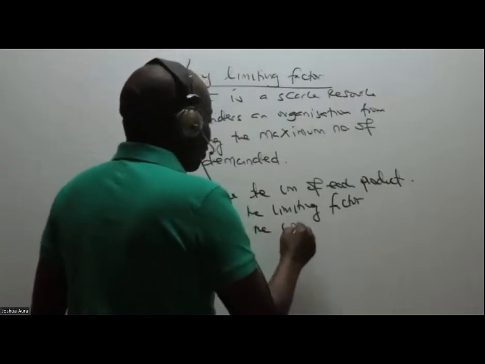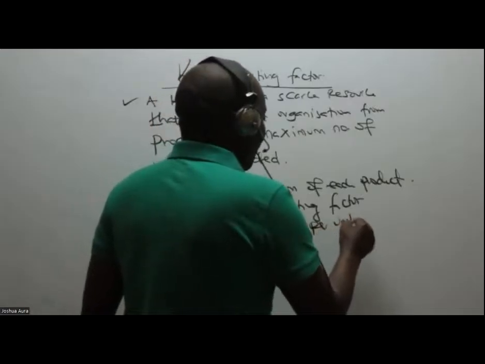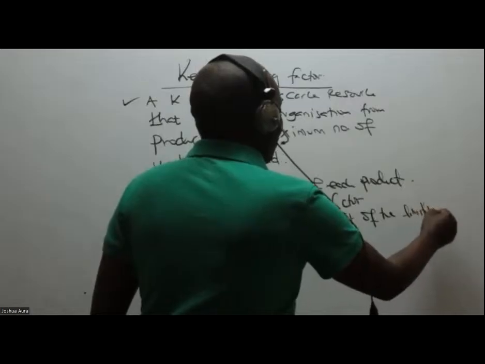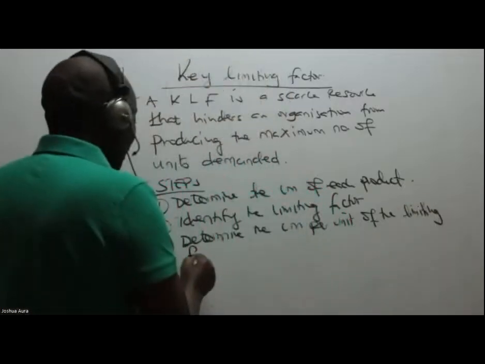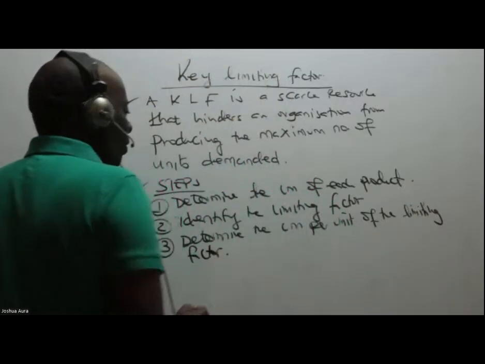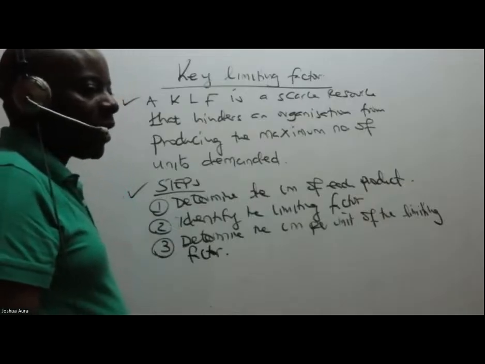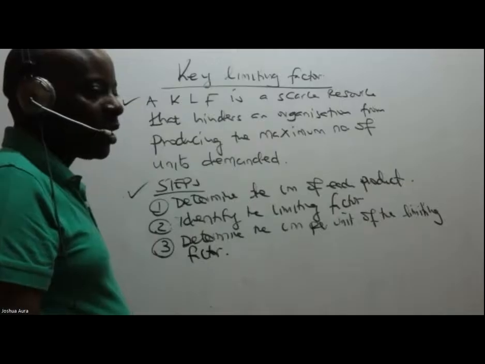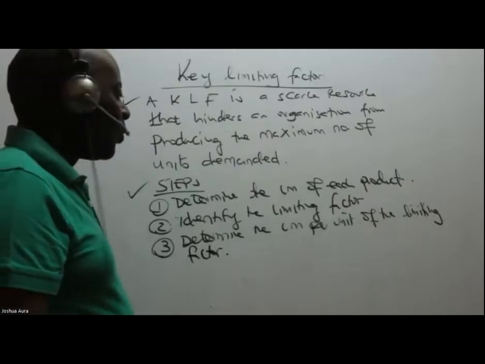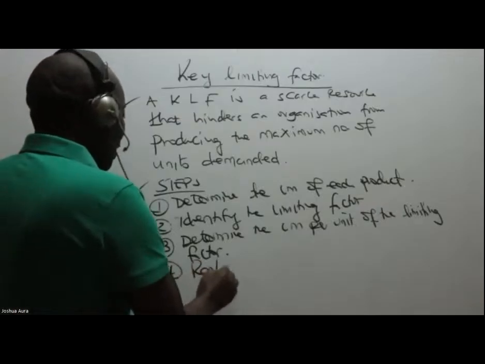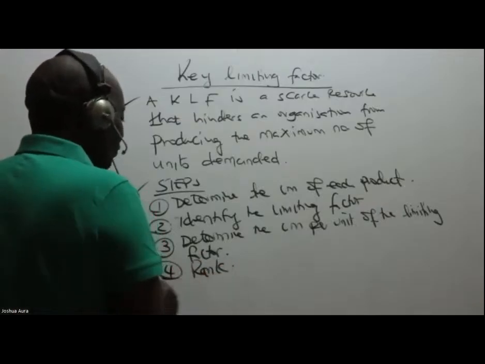And then number three, straight away, we shall be able to determine the contribution margin per unit of the limiting factor. Number four, you rank on the basis of three above.